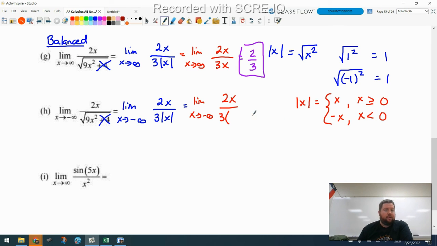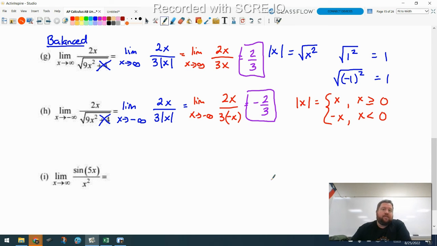That's x is less than 0. So we have to replace that with a negative x. And so the x's still cancel, but you get 2 over negative 3. And so it's negative 2/3 instead of positive.